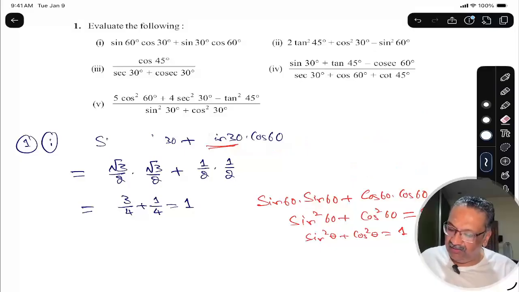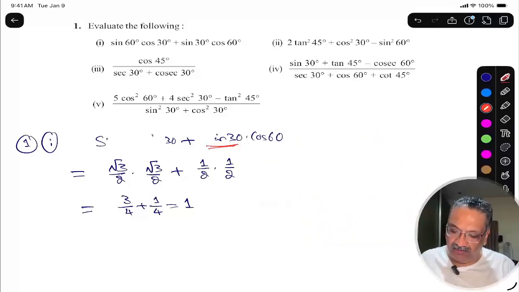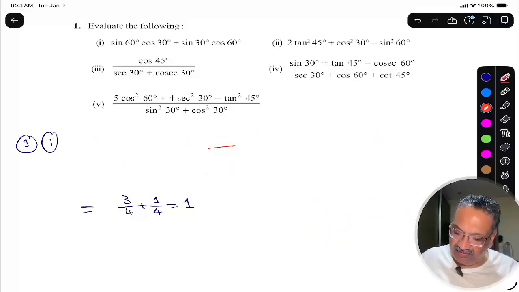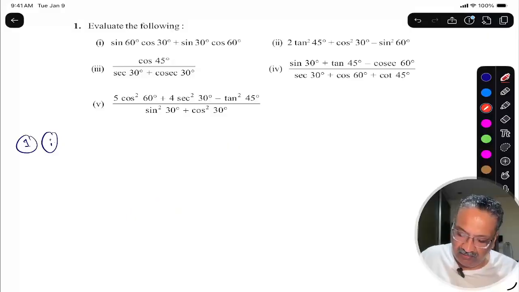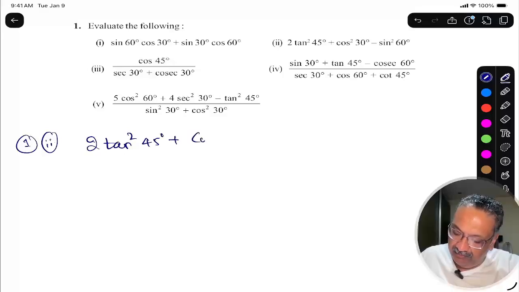Now let's come to the second one. We have to evaluate 2 tan square 45 degree plus cos square 30 degree minus sin square 60 degree.